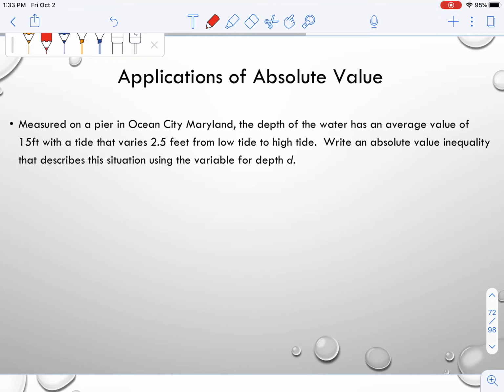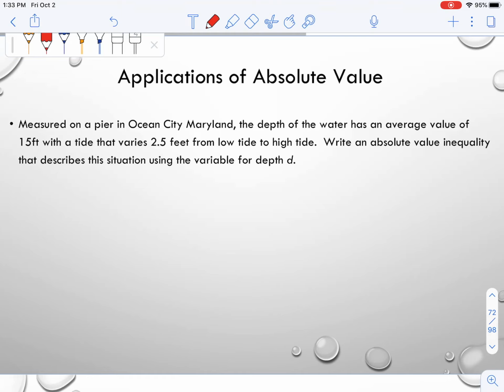So maybe a pencil is supposed to be 1/4 inch in diameter, and it needs to be within 1/64th of that 1/4 inch, or it's not going to meet the quality standards for one reason or another. We're able to model that with an absolute value inequality.